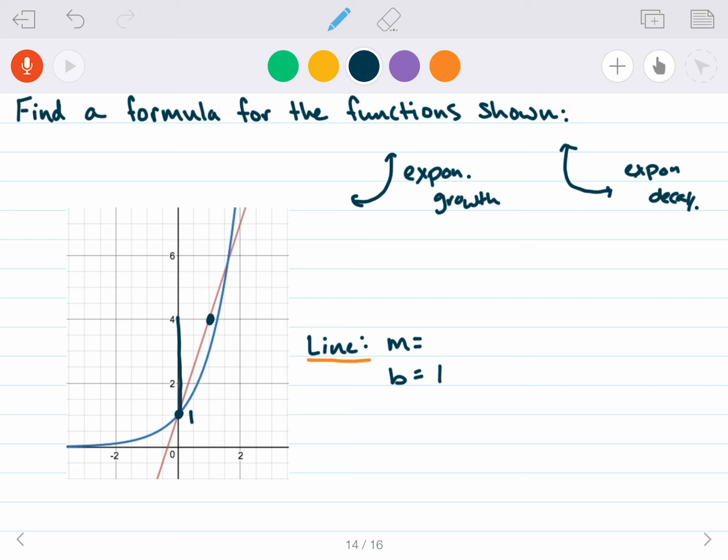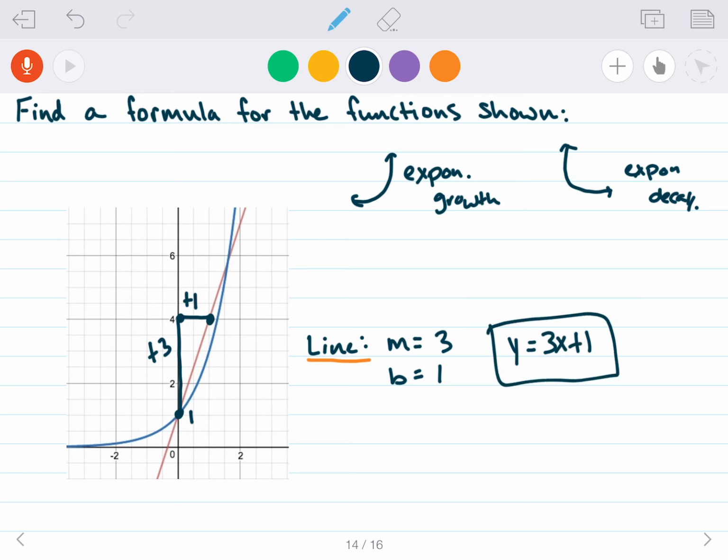So I rose up 3 because I went from 1 to 4, so I went up 3. And then I run, well, let's see, I'm going from x equals 0 to x equals 1, right? That's 1. So my slope is going to be positive 3 over positive 1, which is 3. So my line equation is y equals 3x plus 1.